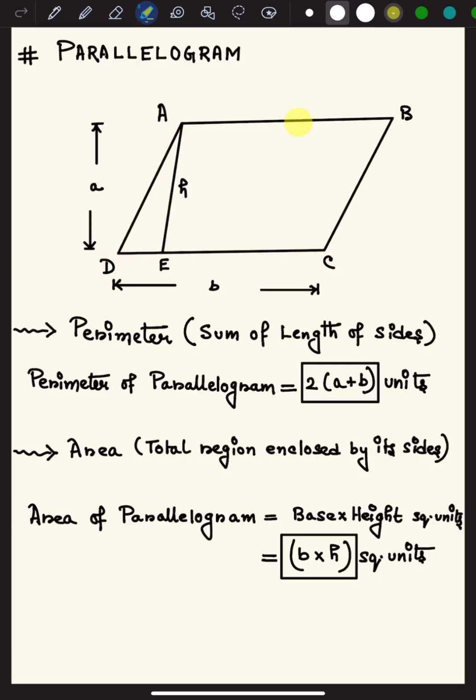Since AB and DC are equal, if we take side DC as B, therefore AB becomes B, and AD as A, so BC also becomes A. So the perimeter of the parallelogram becomes 2 into A plus 2 into B, which is equal to 2 into A plus B units.